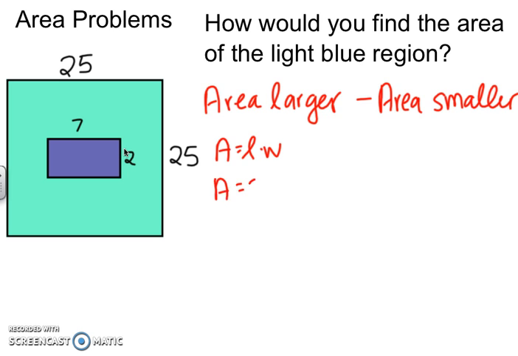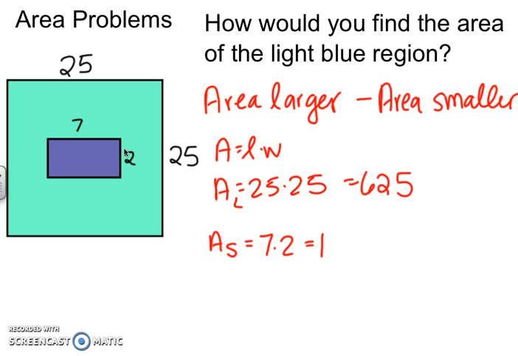So the area of the larger one. So remember, area is length times width. So area would be 25 times 25 of the large one. So I'm going to put area of the large one. So 25 times 25 is 625. Okay. To find the area of the smaller one, I'm going to do length times width again and do 7 times 2, which is 14. Okay.